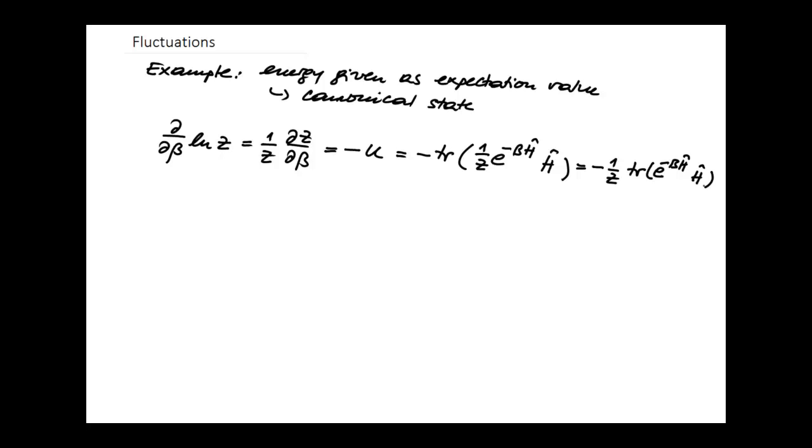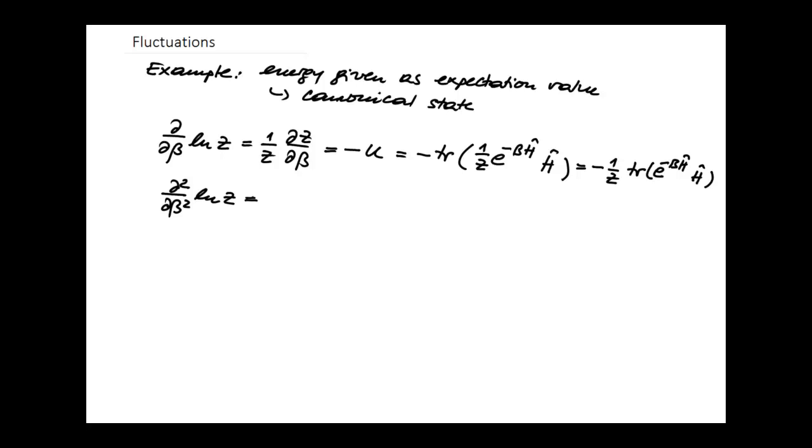We can now derive this once more with respect to beta. So we can look at the second order partial derivative of the log of the partition function with respect to beta. And we take the last expression on the previous line as the starting point. So we take the first derivative in the form of the last expression on the previous line, and we take once more the derivative with respect to beta.